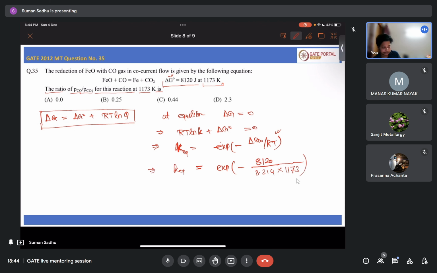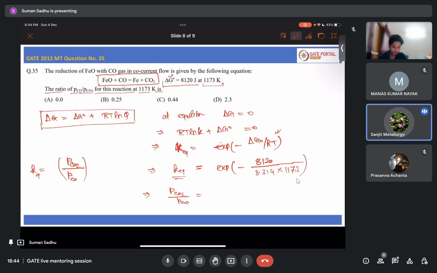And what will be the K in terms of partial pressure, if you see this reaction? PCO2 by PCO. Yes, partial pressure of CO2 divided by partial pressure of CO. So this is your K. So now PCO2 by PCO, how much is this coming? 0.4349.